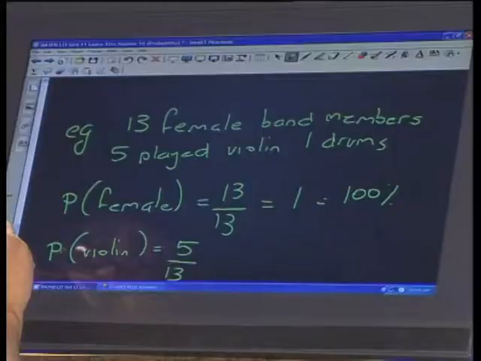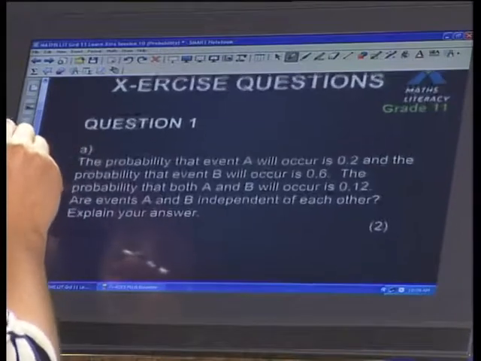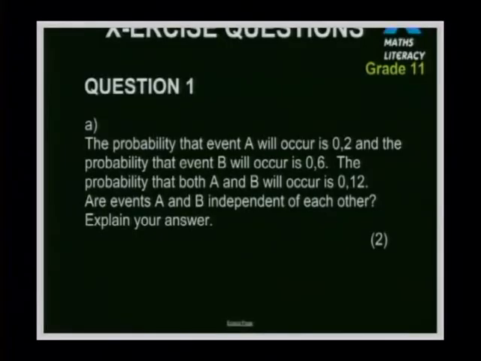Okay, let's go back to our questions. So for homework, the probability that event A will occur is 0,2, and the probability that event B will occur is 0,6. The probability that both A and B will occur is 0,12. So they've given you all these numbers, and then they ask you, are events A and B independent of each other?